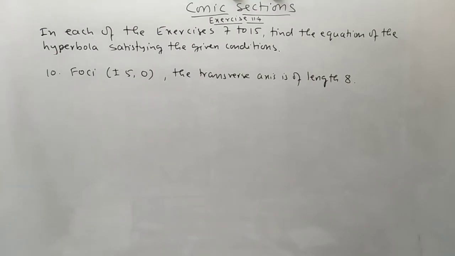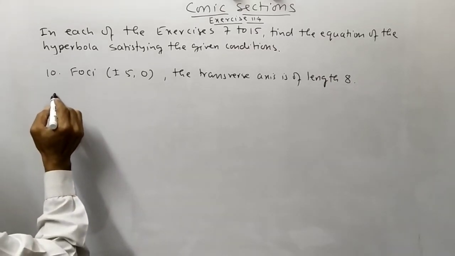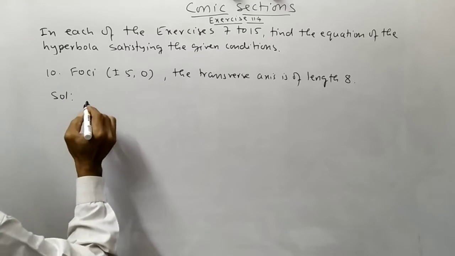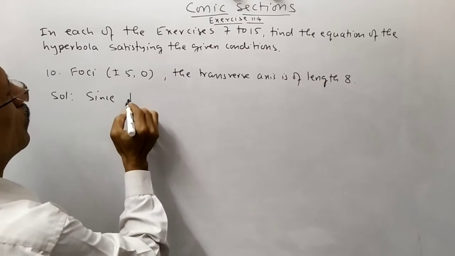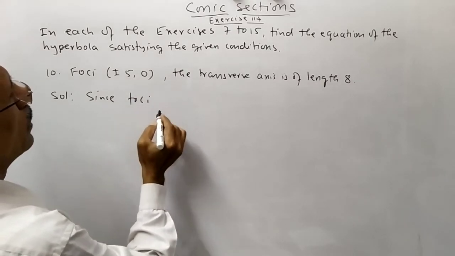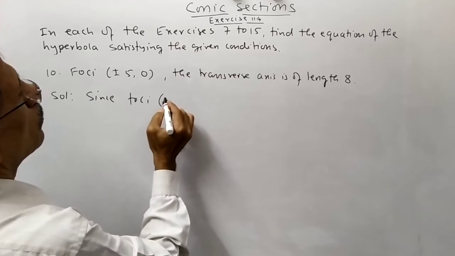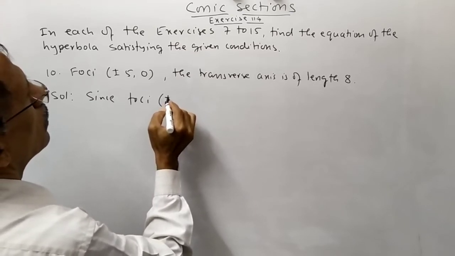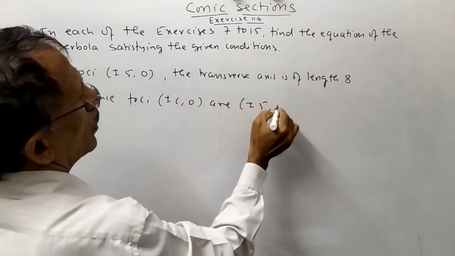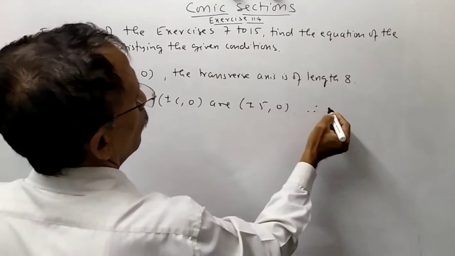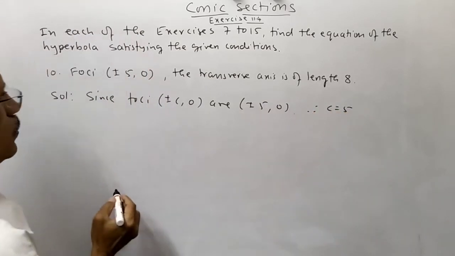Next question. Coordinates of foci are plus or minus 5, 0. The transverse axis is of length 8 units. Solution. Since foci whose coordinates plus or minus c, 0 are plus or minus 5, 0, therefore c is equal to 5.